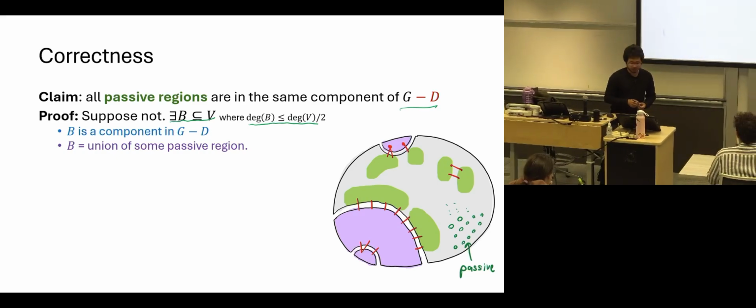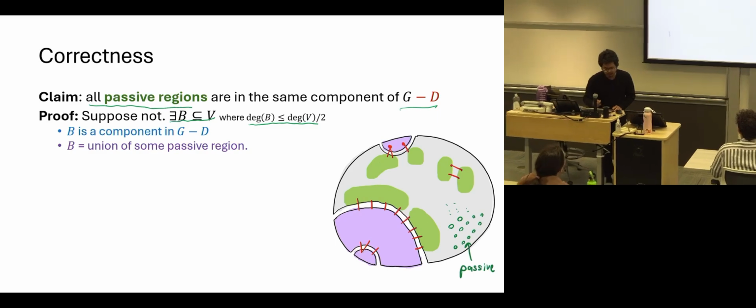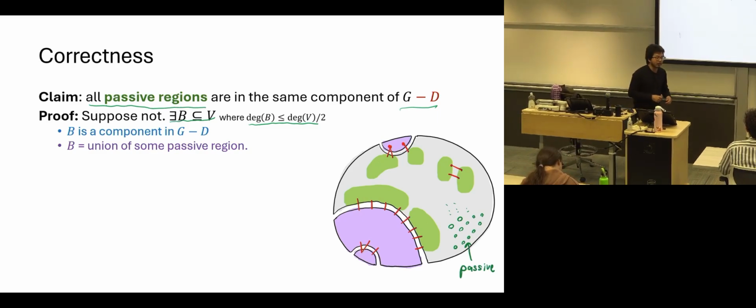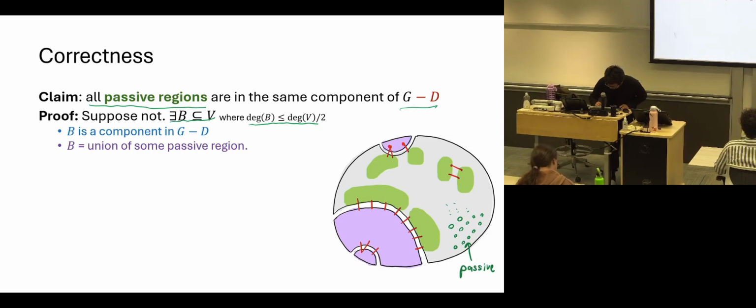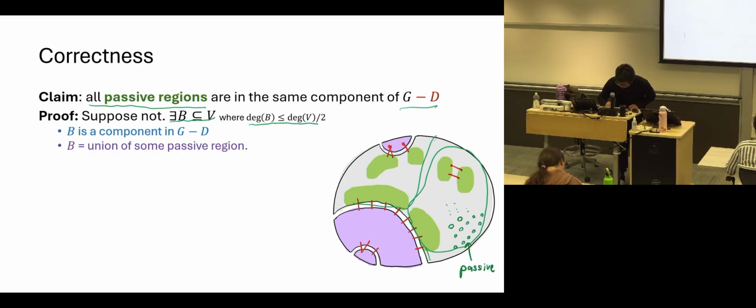Suppose that not all regions are in the same component. Oh, I see. It means that the regions maybe split into some parts, some connected components like this.